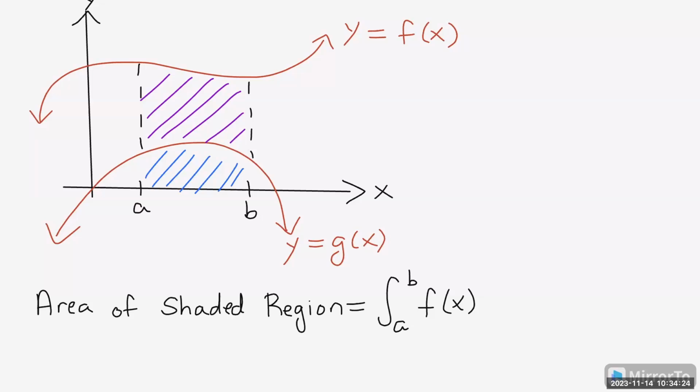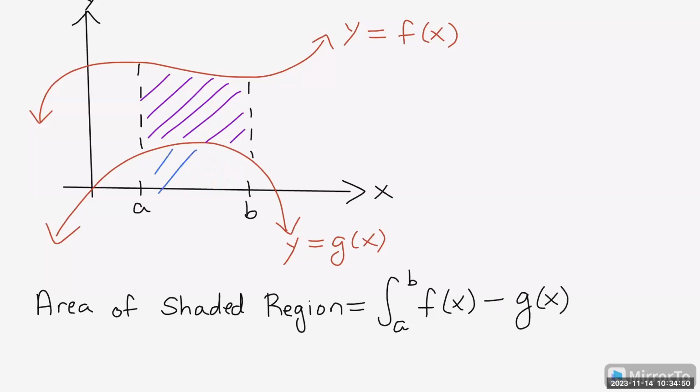But if we want only the area that I shaded in purple, we need to get rid of the blue, like I'm getting rid of it right now. And the way we get rid of it is to subtract the area under g of x, because the area under g of x was the part that I was shading in blue, right?